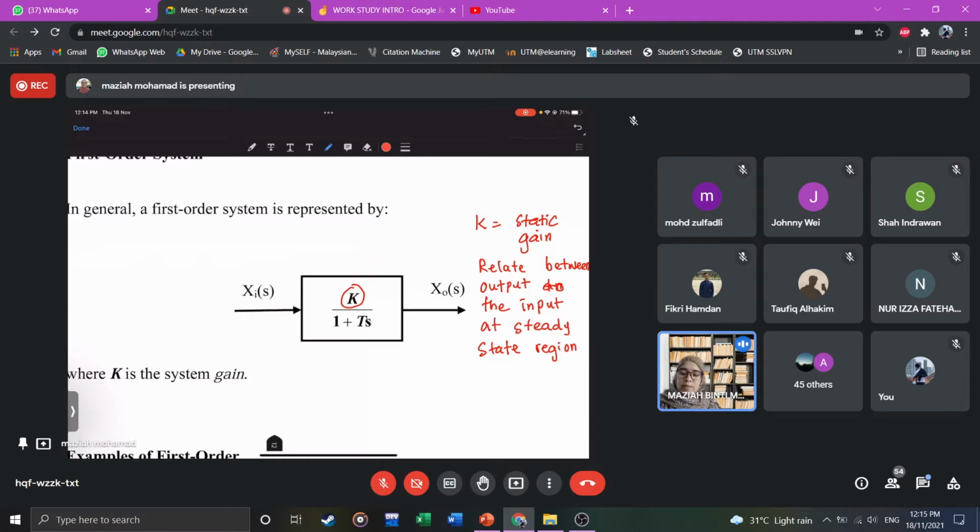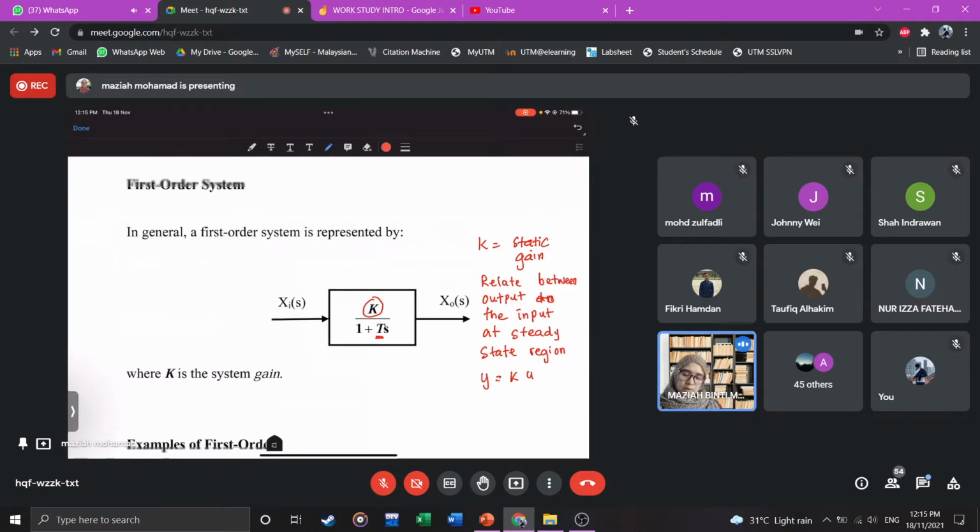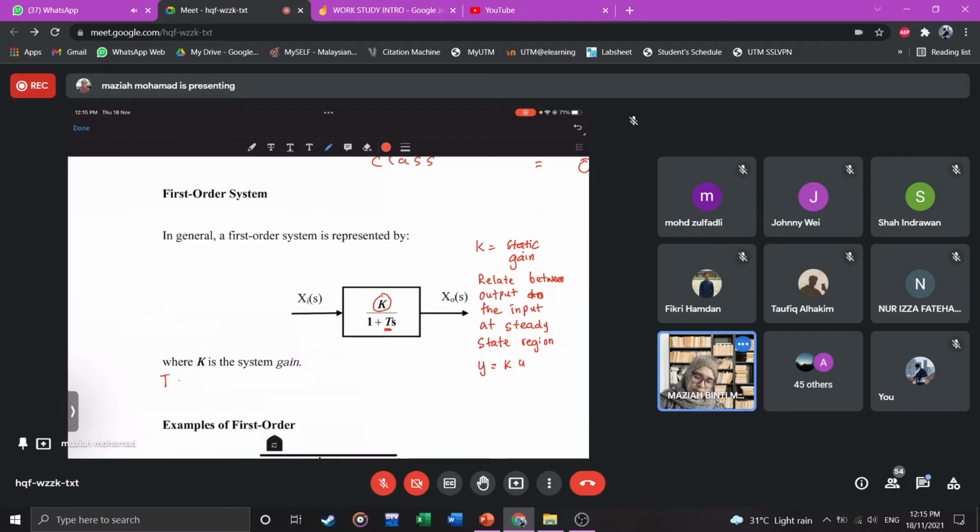The relationship is given by y equal to K u. The output is equal to the static gain multiplied with the input of the system. That is the first parameter. The second parameter here is tau. Tau here is known as the time constant.